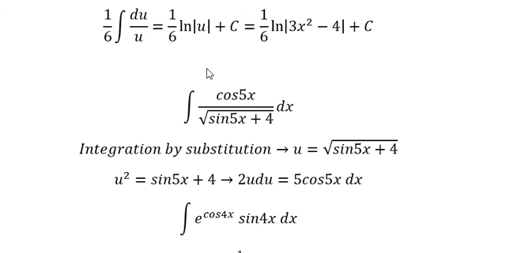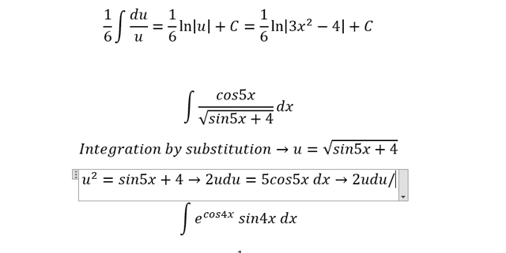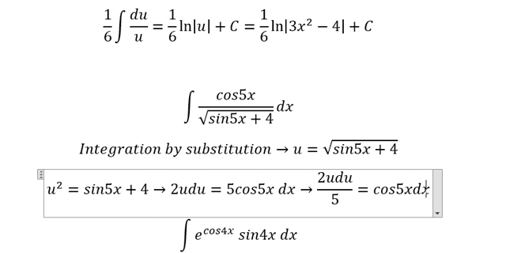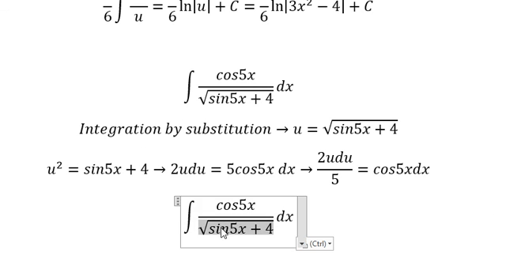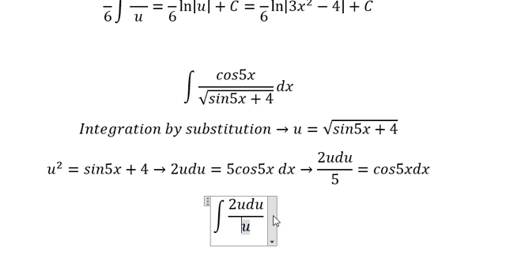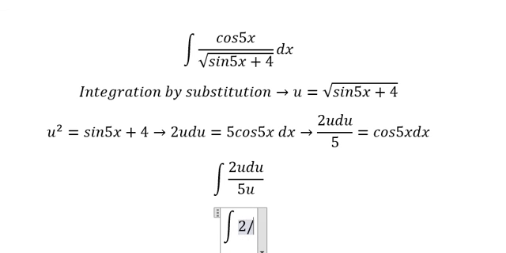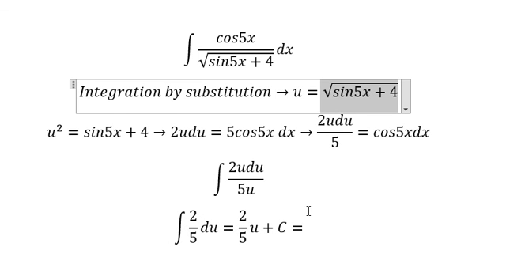Because we don't have number 5, we divide both sides by number 5. So the square root we change for u. Cosine 5s ds we change for 2u du over 5. U divided by u, we simplify, and we get the final answer. About u, that's this one.